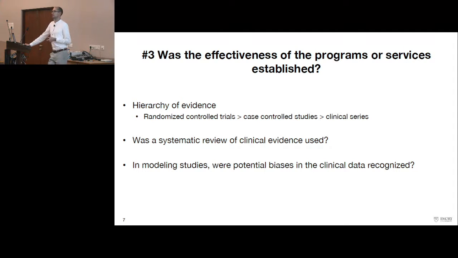You should look at if the effectiveness was based on a systematic review and ideally a meta-analysis, or if it was just an ad hoc review of a bunch of papers that came up on Google. That is also important.